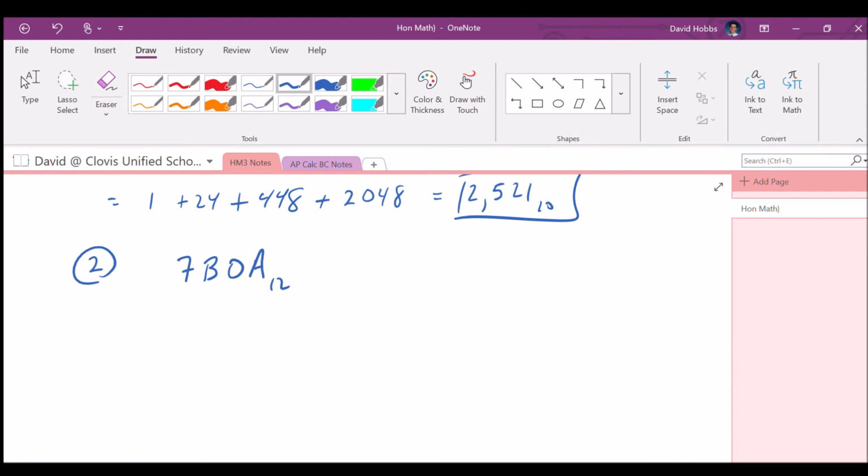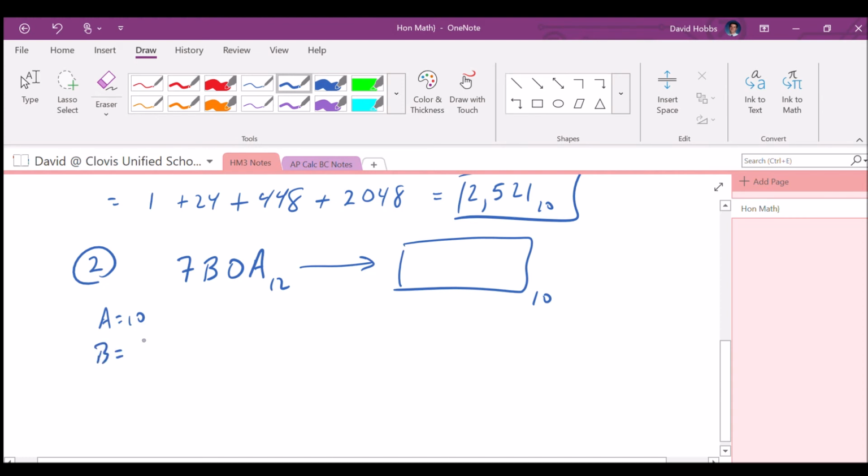Okay, so realize that A is 10 in base 10, and B is 11. So we want to keep that in mind. Okay, so A, this is in the 12 to the 0 spot.